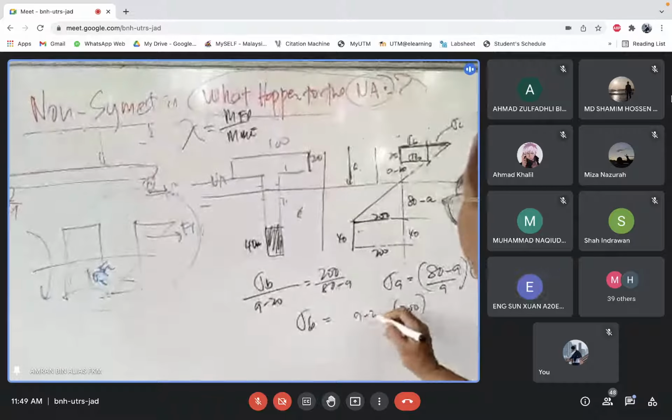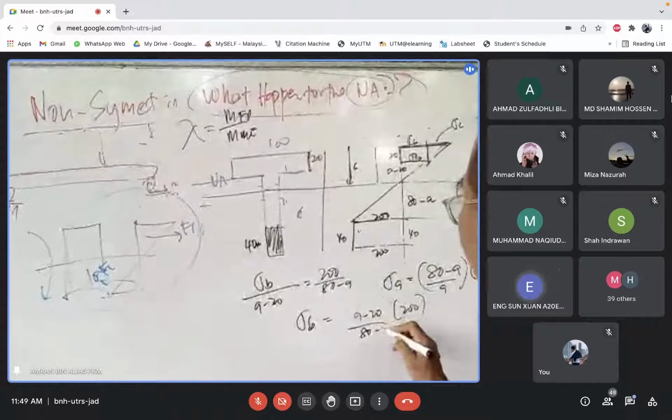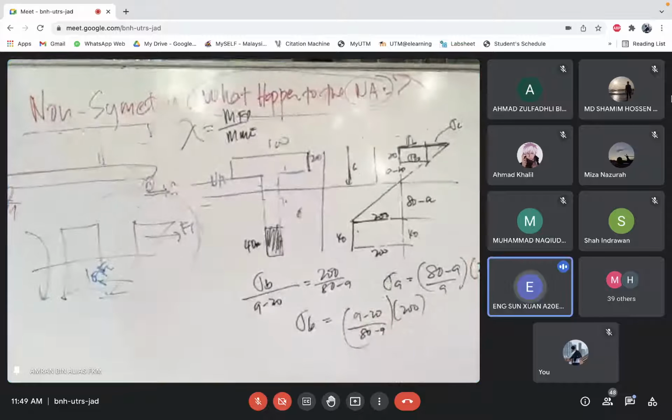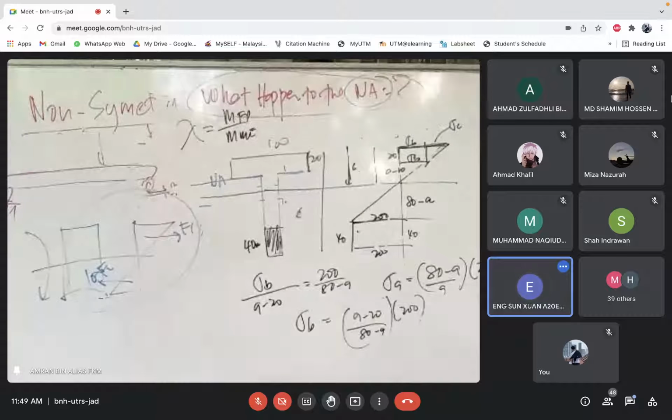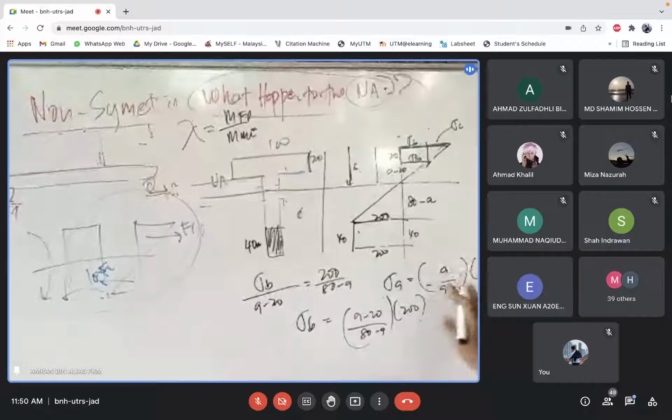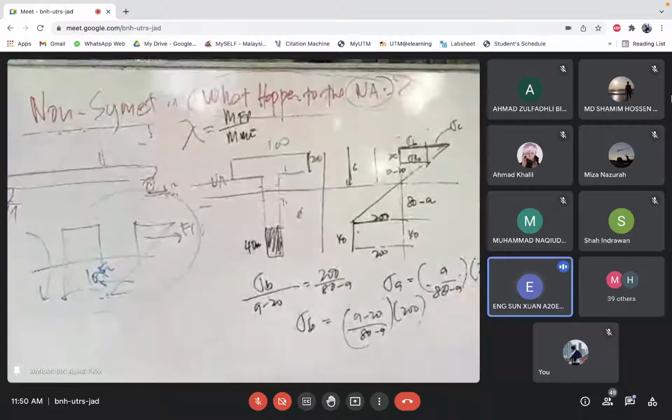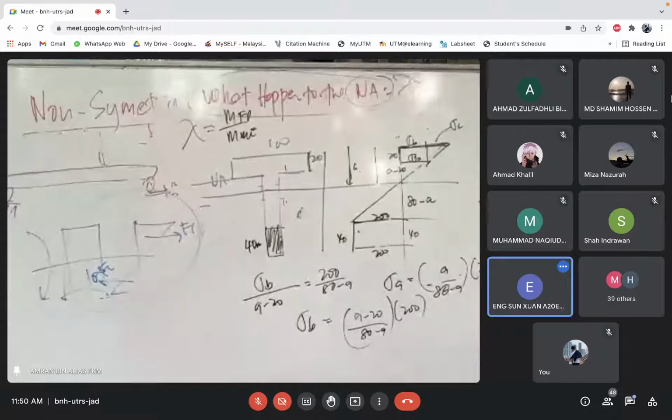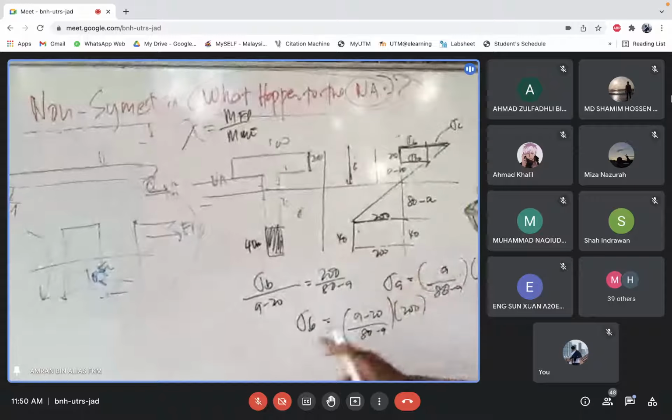Now the sigma A is also inverted. So it is 80 minus A over A. Correct. Okay, no problem.